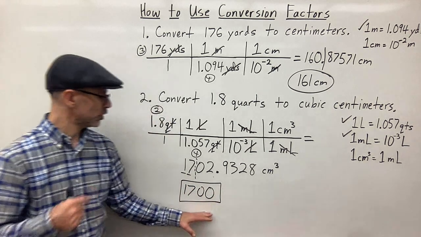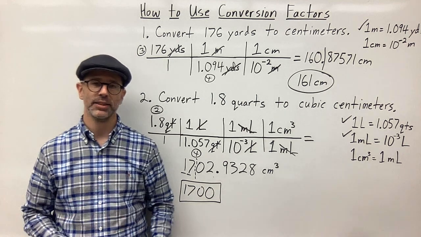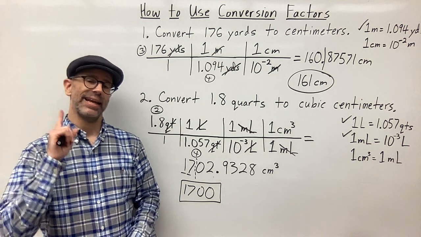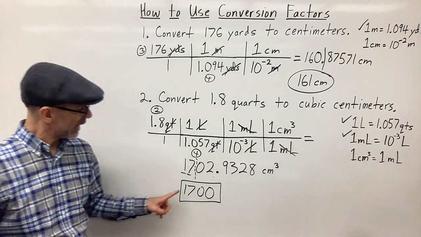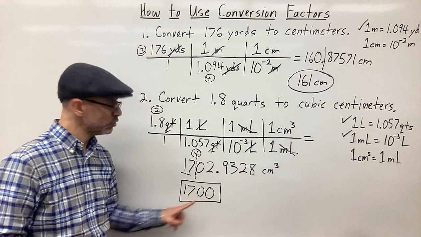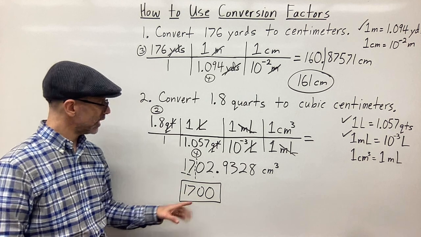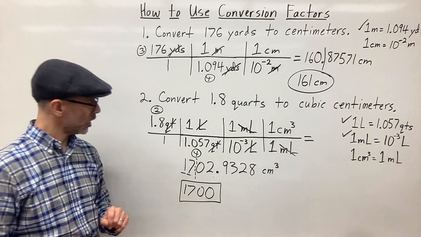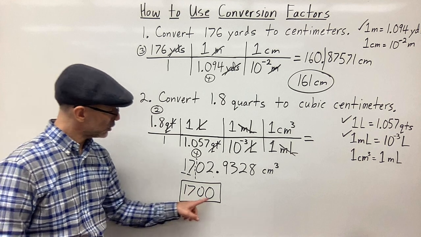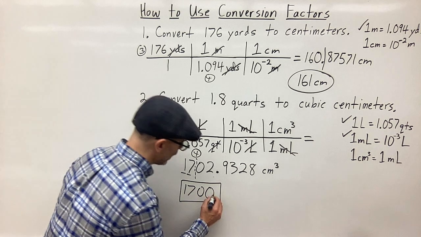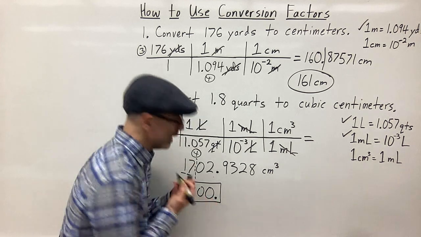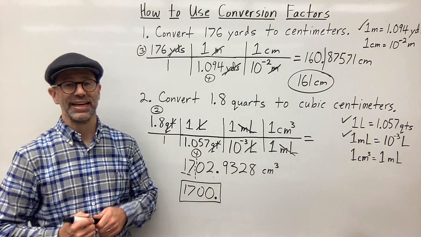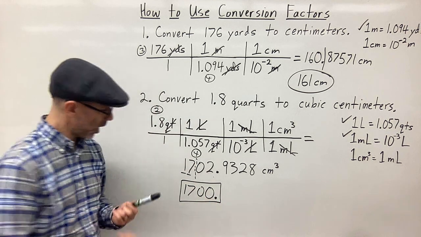But you're like, wait, Mr. Kowalski, there's 4 sig figs, not 2. That is incorrect. Here, these zeros are not significant because I don't have a decimal point. So the 1 and the 7 are significant, but not the 2 zeros. Now, if I put a decimal point there, now those zeros are significant and I would have 4 sig figs. But I don't want that.